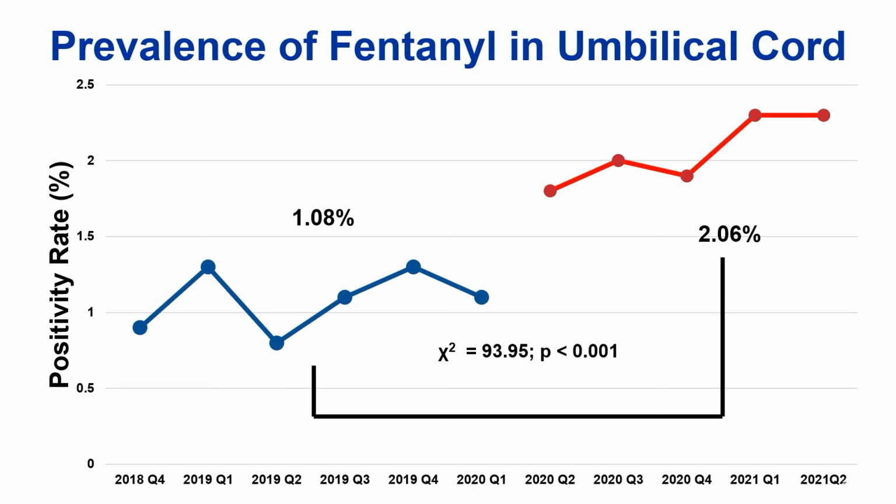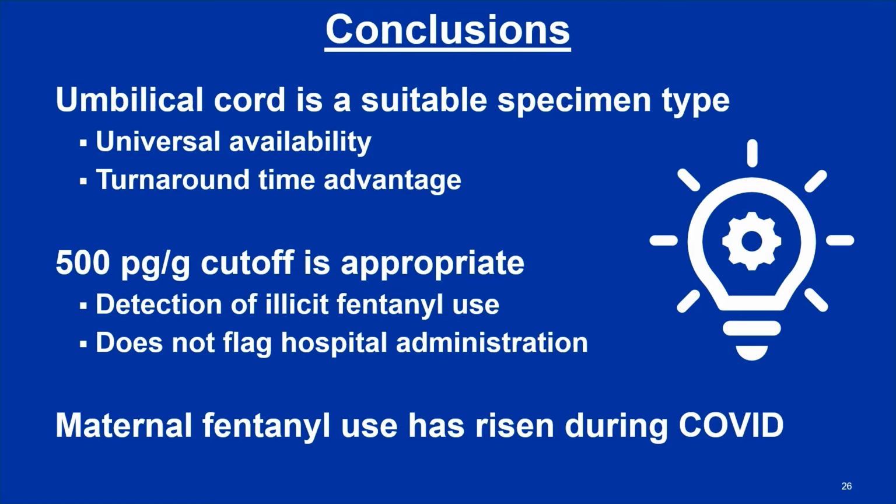In conclusion, umbilical cord is a suitable specimen type for newborn toxicology, primarily because of its universal availability and the built-in turnaround time advantage. The fentanyl cutoff of 500 picograms per gram appears to be appropriate because it did detect an illicit fentanyl case while not flagging hospital-administered fentanyl.